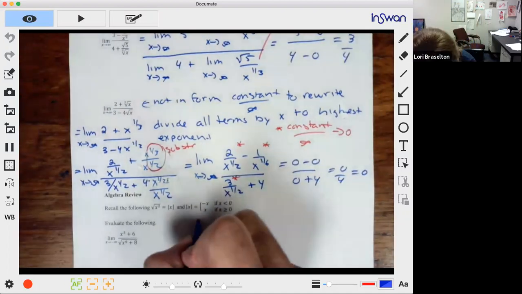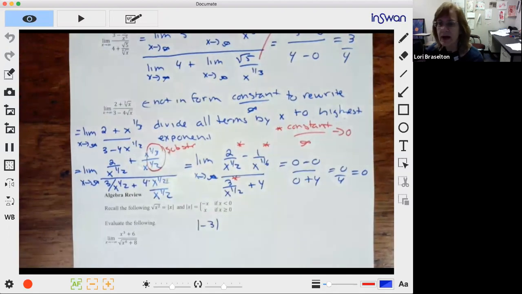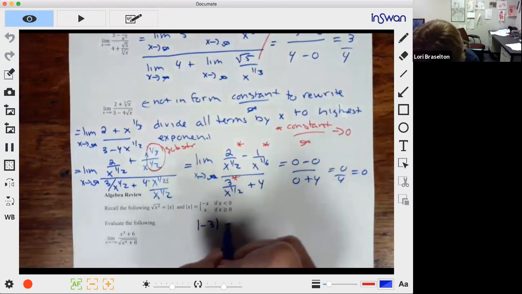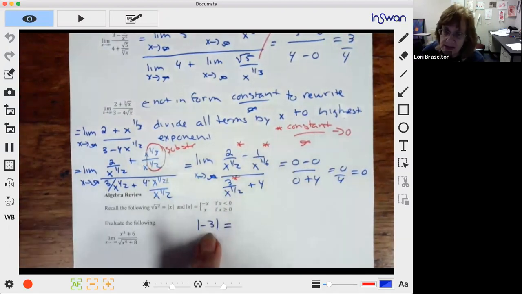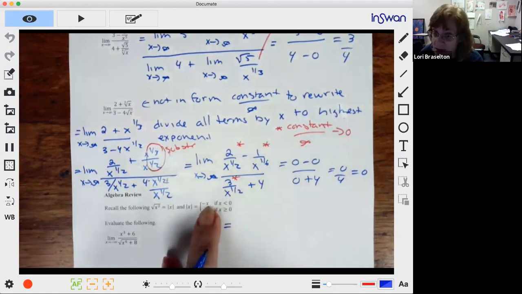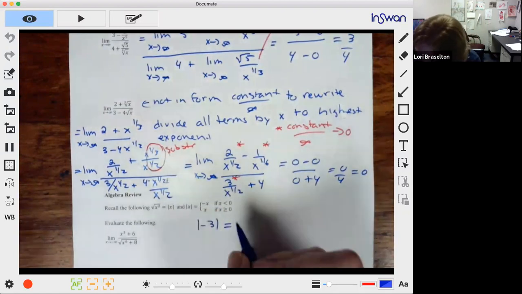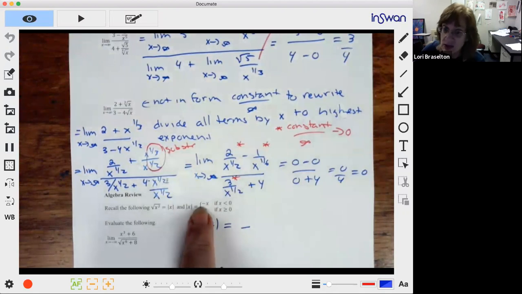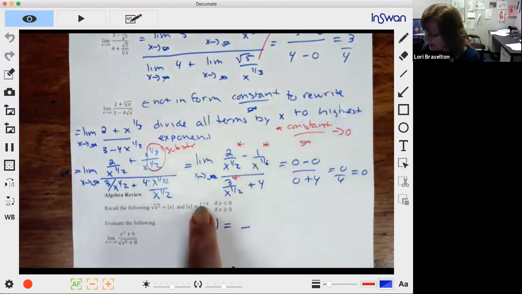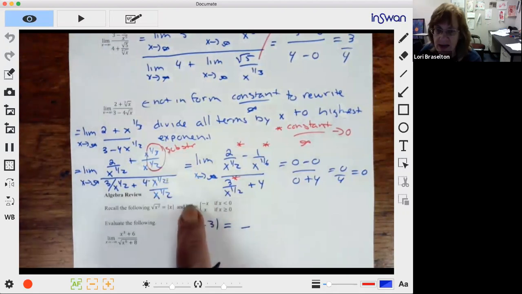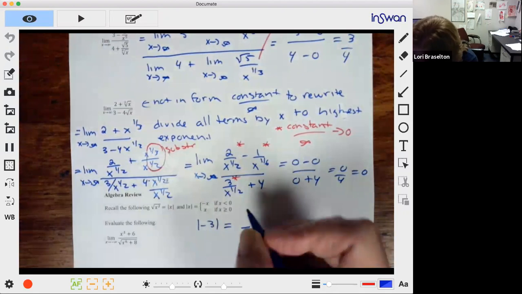Well, think about it. The absolute value of -3. -3 is less than 0. So by my definition, it gives me a negative, and then it says take the opposite of whatever's on the inside. That's what this is saying. Take the opposite of whatever's on the inside.